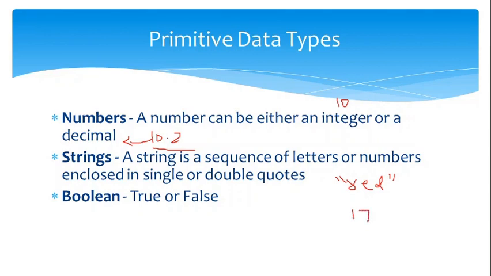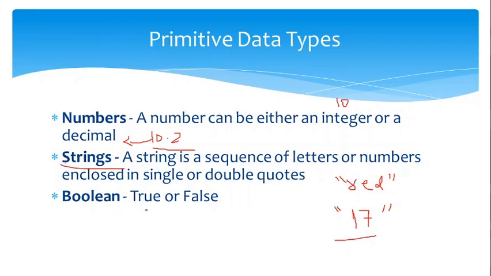Example 17, and here I am writing it in double quotes, so it will not be taken as a number, it will be taken as a string. If you want a number, we just need to give the number, no need for double quotes. If you give double quotes, the number will also become a string.